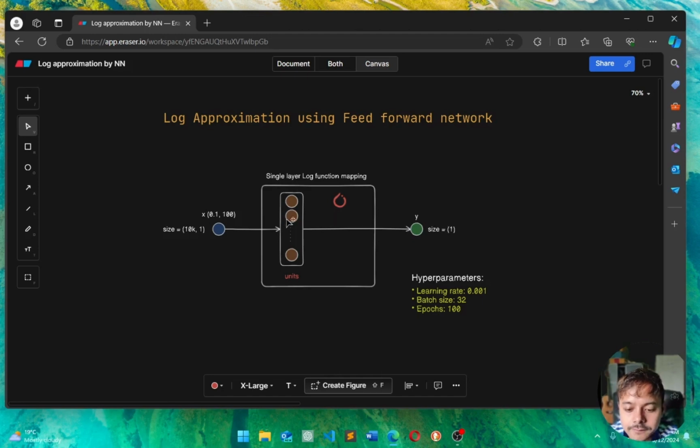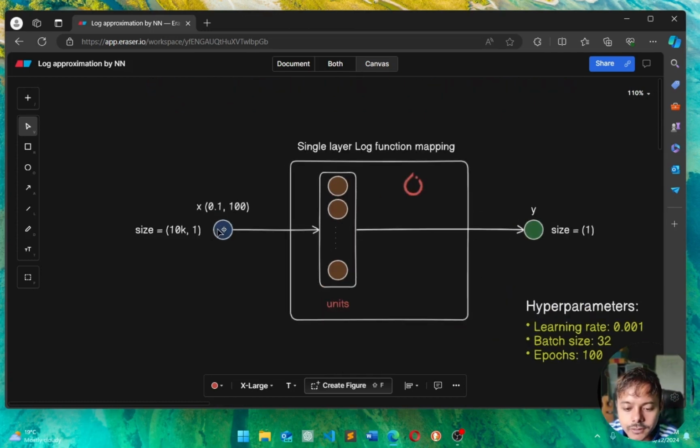Let's have a look at the input, where I constrain the range of input between 0.1 and 100, and I randomly sampled 10,000 samples within that range.